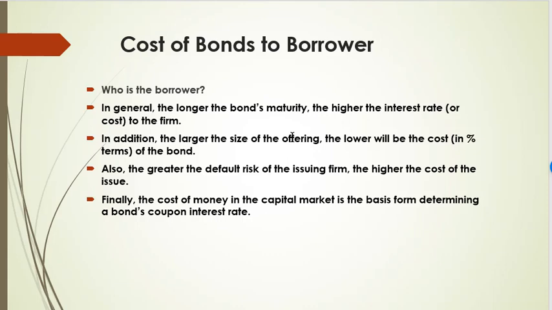The bigger the size of the offering, the lower will be the cost of the bond, right? Because in general, it's easier to put a whole big issue together than to do it in smaller pieces, if you will. The greater the default risk, the higher the cost. That makes some sense.